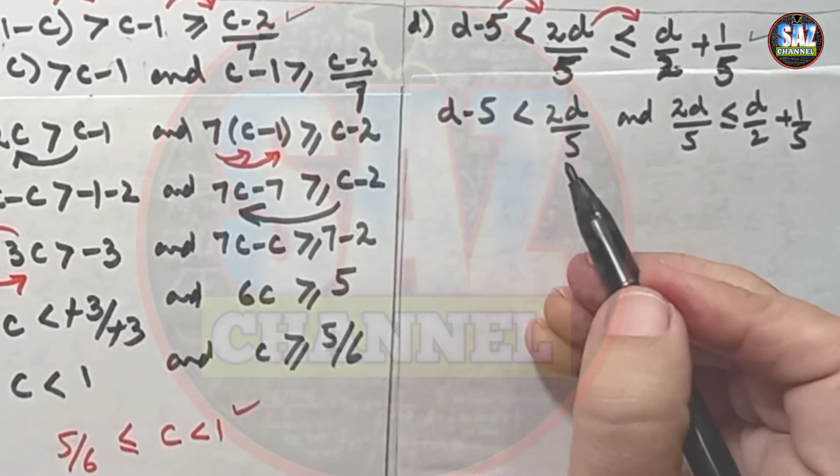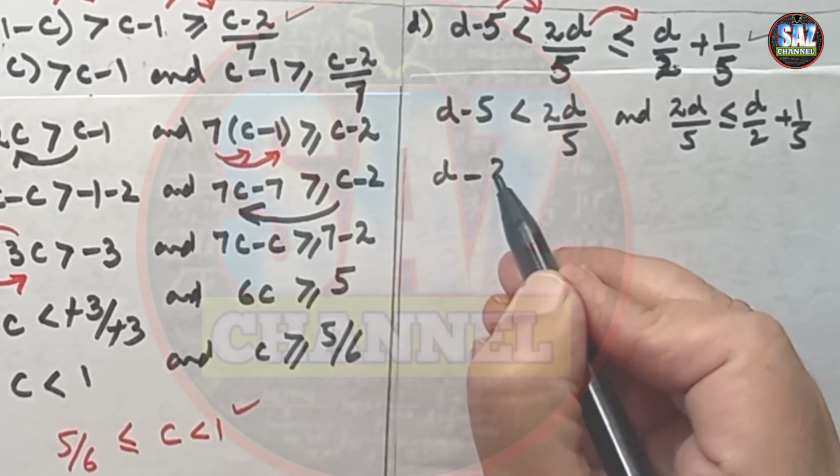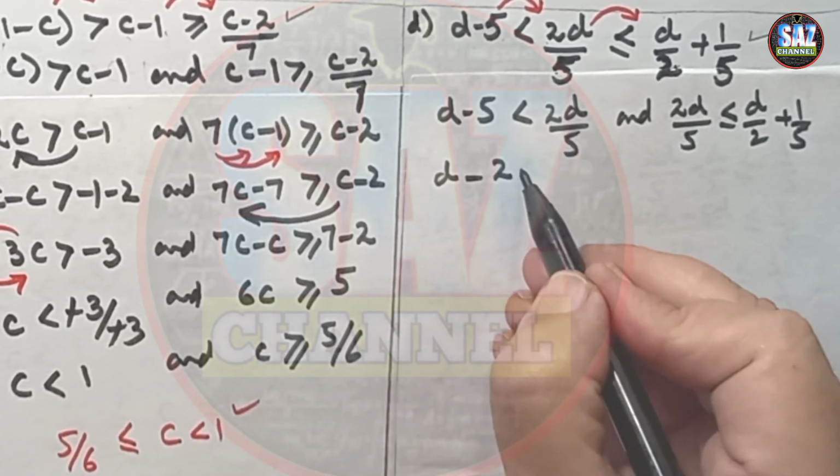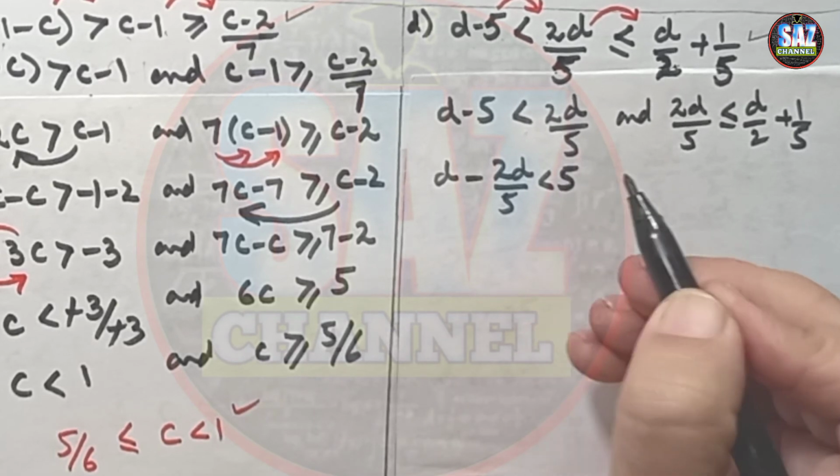Now shift like terms on the same side, preferably the left hand side. Minus 2d by 5 is less than 5.